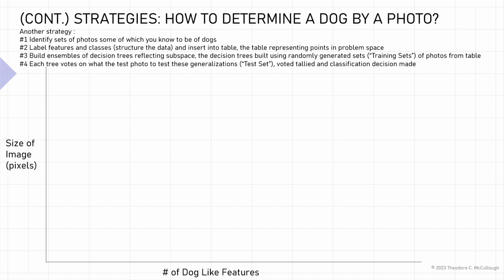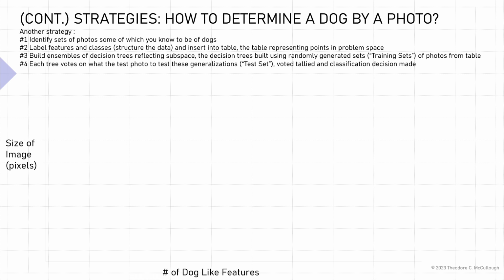So what's a strategy for dealing with the messiness of the world and determining whether or not a photo is of a dog or not? Maybe one strategy is that you identify a set of photos, some of which you know to be dogs. You label features and classes, that is, you structure the data associated with these photos, and you insert that data in a table, much like you do with KNN. And then you build ensembles of decision trees reflecting subspaces of your overall problem space.